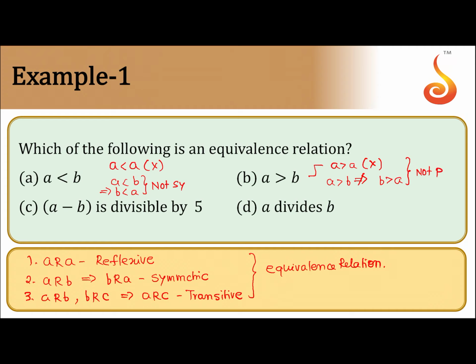Now consider A minus B is divisible by 5. So A minus A is divisible by 5, so it is reflexive. Similarly, A minus B is divisible by 5 implies B minus A is also divisible by 5.